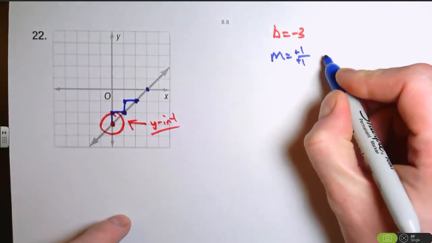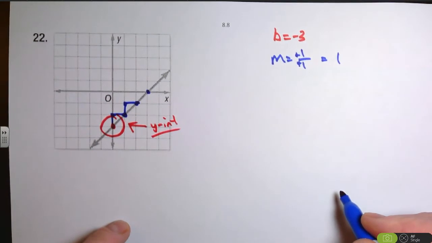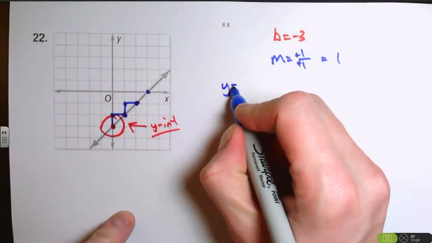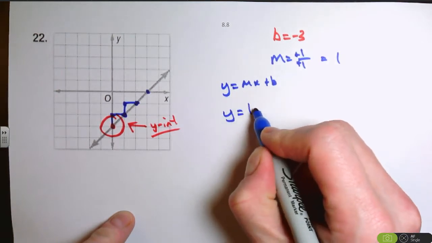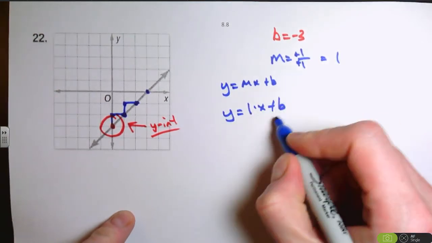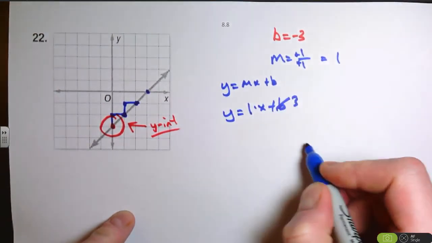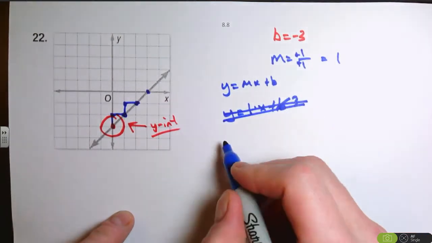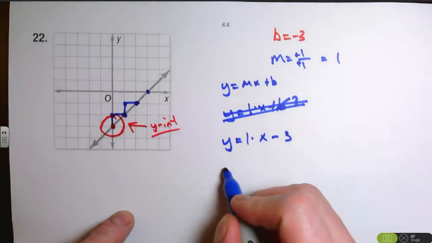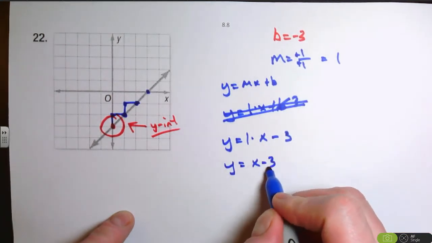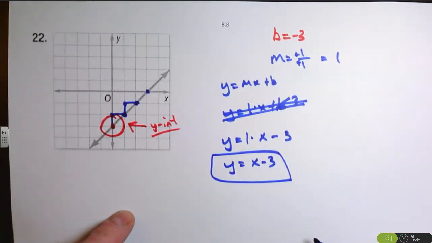Those are both positive directions, which is 1. So the equation of the line in y equals mx plus b form is y equals 1 times x plus b, which is negative 3. Y equals 1 times x minus 3, which will normally be written as y equals x minus 3. That's its equation.